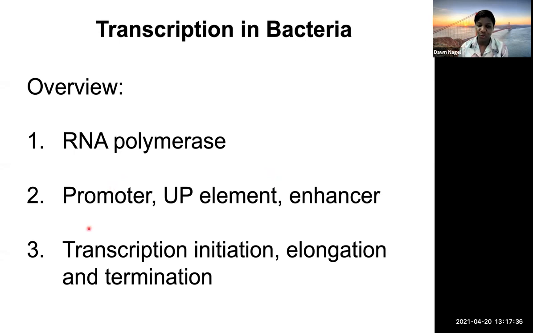You need to start the transcription, make the RNA transcript, or extend the RNA transcript for all of the information that's encoded in that DNA. And then you need to stop because you don't want to keep making RNA for all of the DNA that doesn't even code for anything, right? So you need to be able to stop at some point when that information is no longer important.